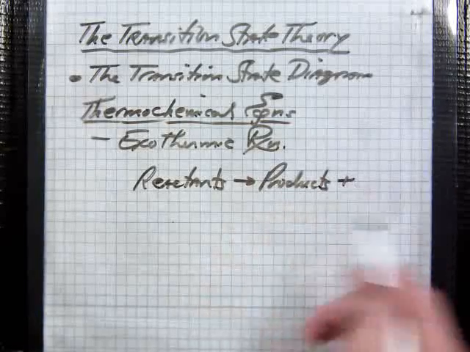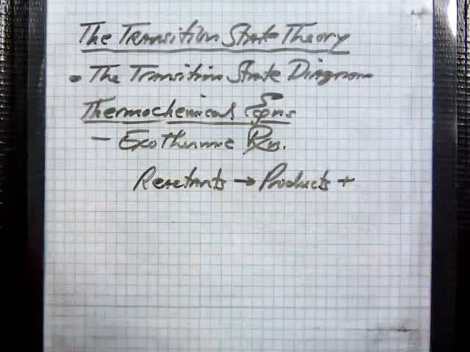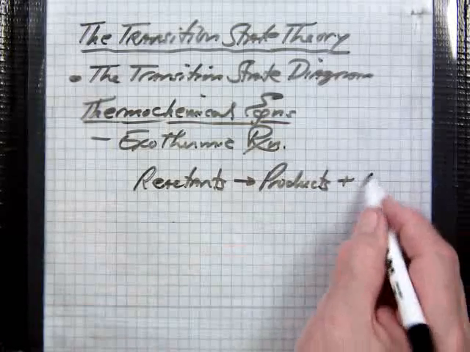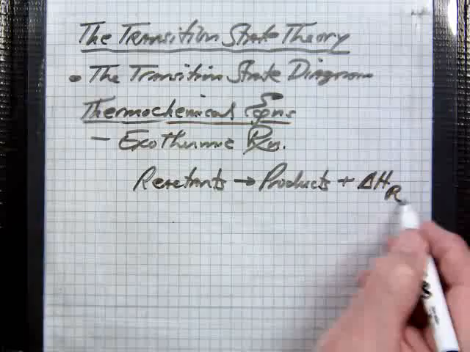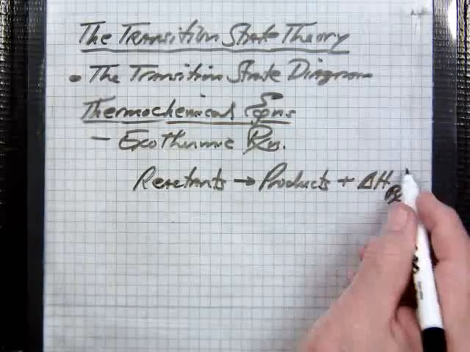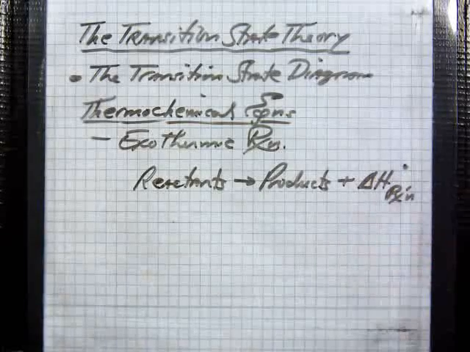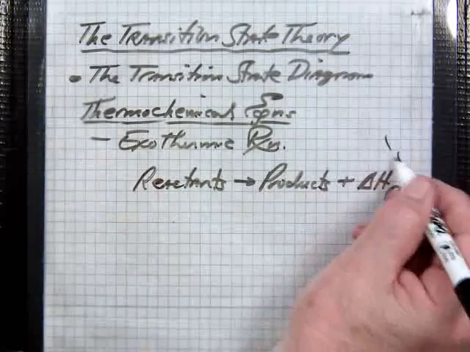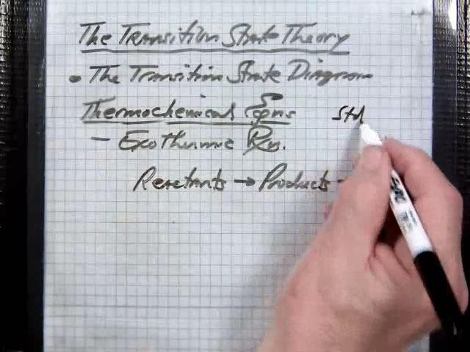And one way to signify that is to add to the product side what we call heat of reaction. And that little circle up there means standard thermodynamic conditions.